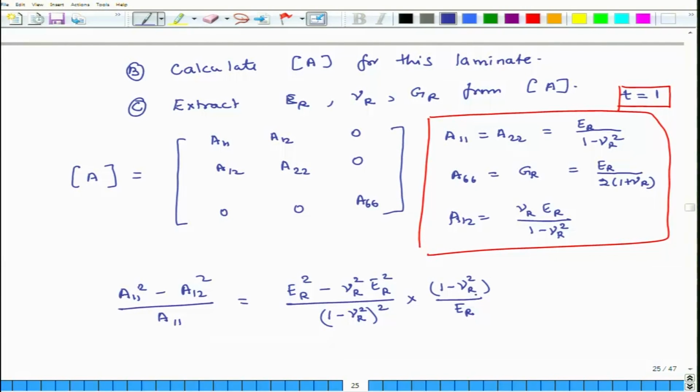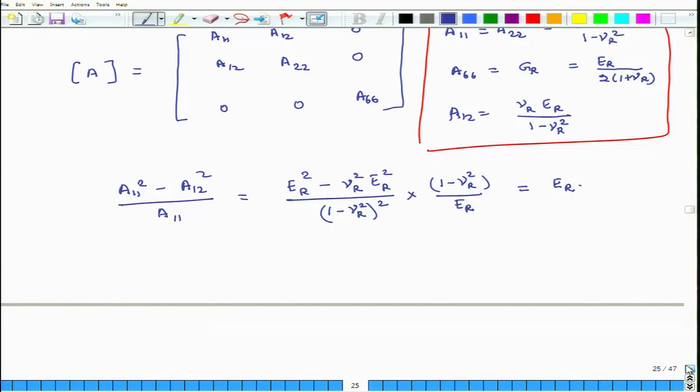So, if I simplify this, this comes out to be ER. So, if for a quasi isotropic laminate I know A11 and A12, I can calculate its ER. I can calculate ER for the randomly oriented mat by this relation.